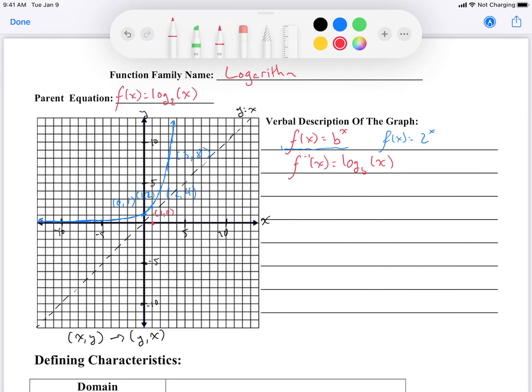Now, if I'm going 1, 2, my next point should be 2, 1. Then 4, 2. And then we're going to go 8, 3.